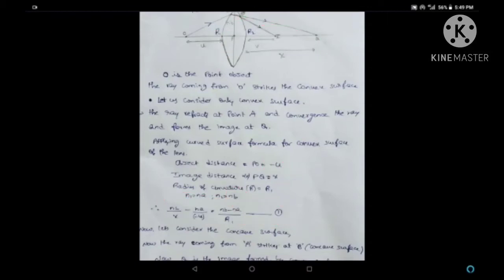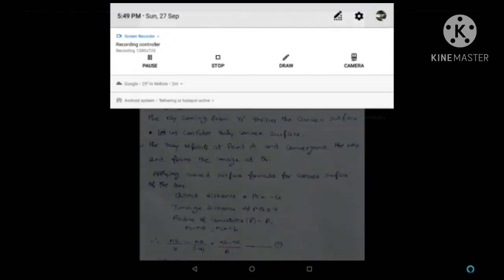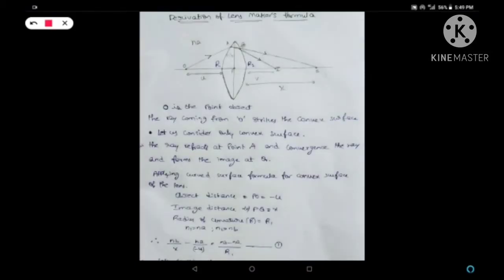Now let's consider only the concave surface. Forget the convex surface and its image. Remember, guys, this is the most difficult derivation in this chapter, so be careful.